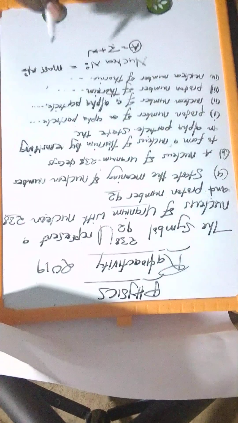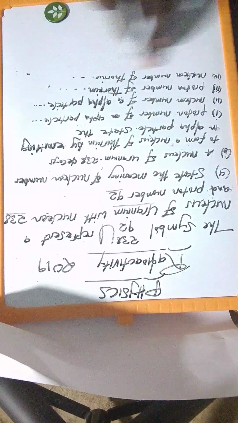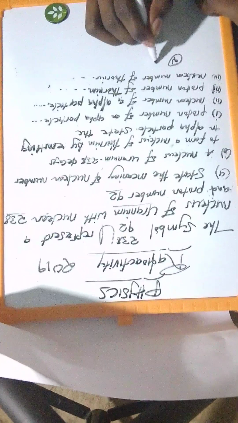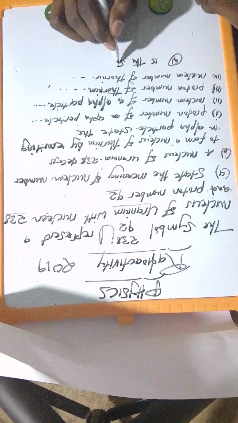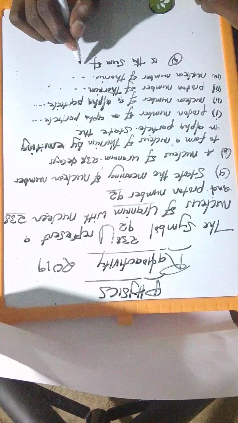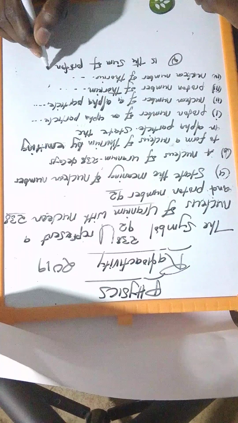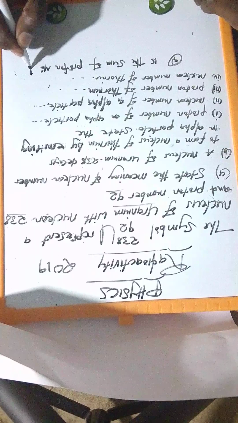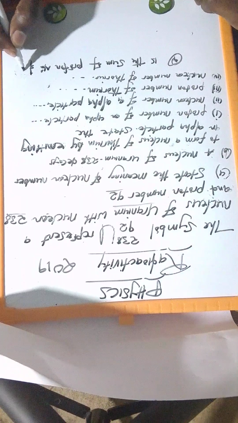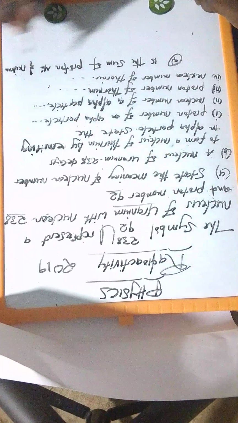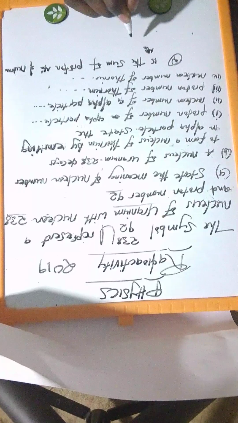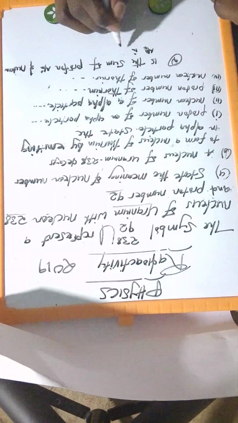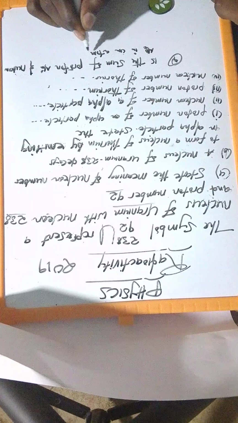nuclear number is the sum of proton number and neutron number in an atom of an element.